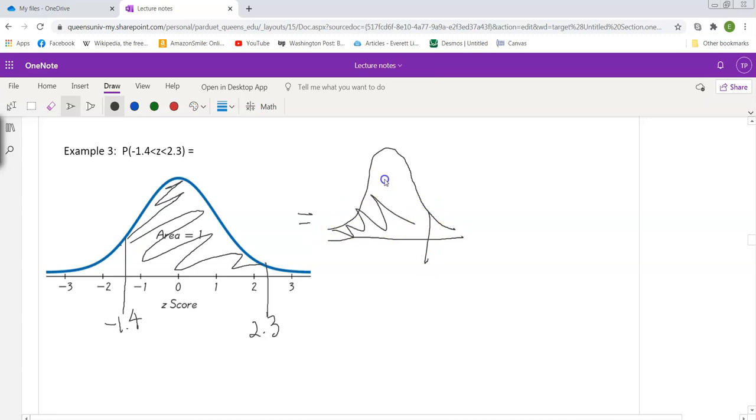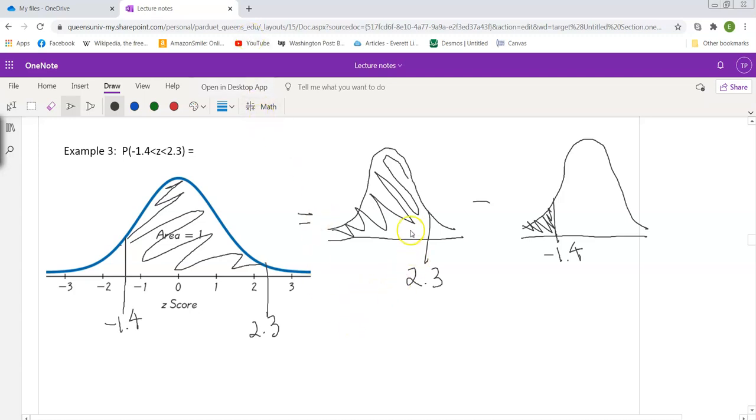We're going to find this area. So this area minus this is negative 1.4. This area. So if we take this large area and subtract the small area, we'll be left with what's in between.